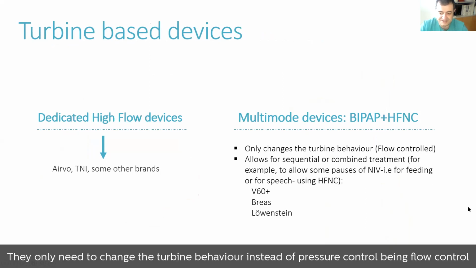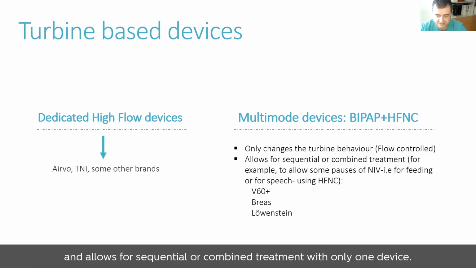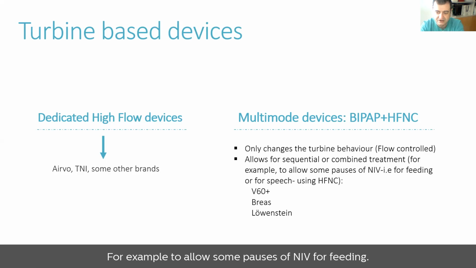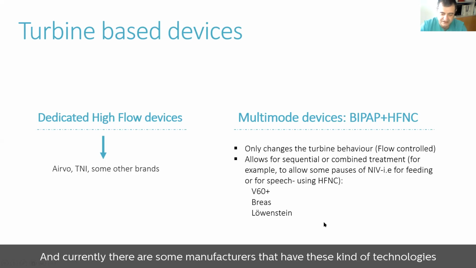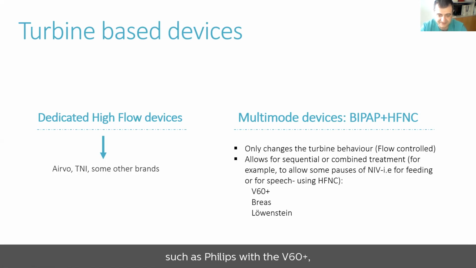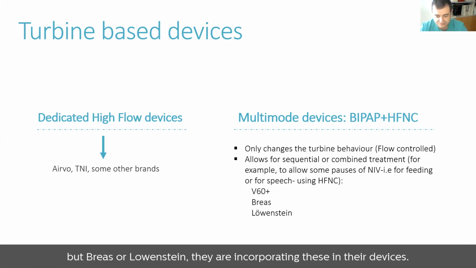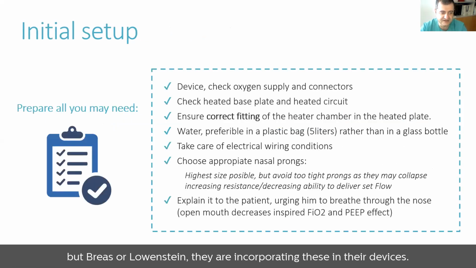They only need to change the turbine behavior from pressure control to flow control, and allow for sequential or combined treatment with only one device. For example, to allow some pauses of NIV for feeding, you can use the same ventilator, changing from NIV to high flow. Currently, there are some manufacturers that have this kind of technology, such as Philips with the V60 Plus, but Breas or Lowenstein are also incorporating this in their devices.